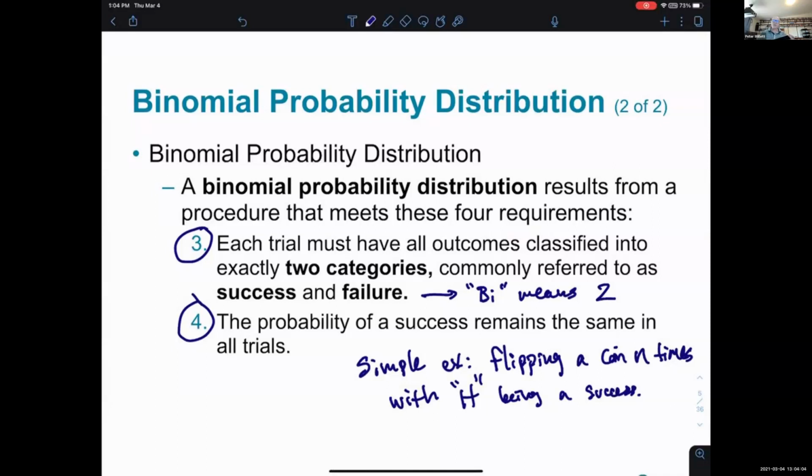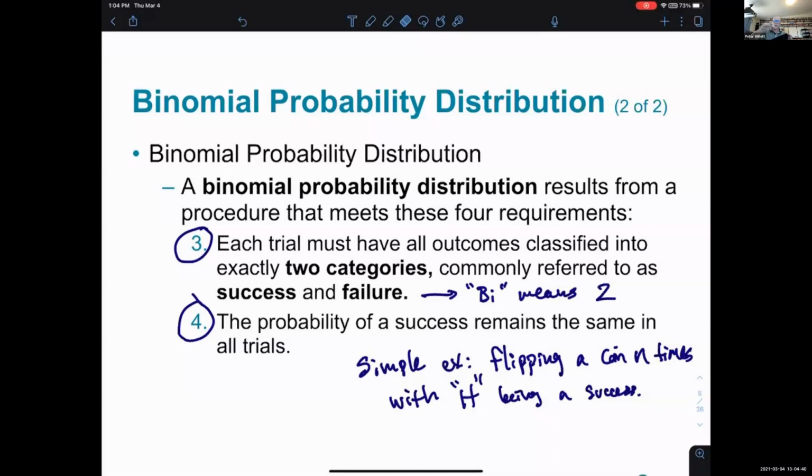And the probability of success in each individual trial stays the same. Every time I flip the coin, there's a 50% chance of success. So flipping a coin 10 times with a 50% chance of getting heads is an example of a binomial probability distribution of results where X is the number of times I got heads with my 10 flips. The possible results could be 0 if I got tails every time, 5 if I got 5 heads and 5 tails, all the way up to 10 successes if I got heads every single time I flipped.